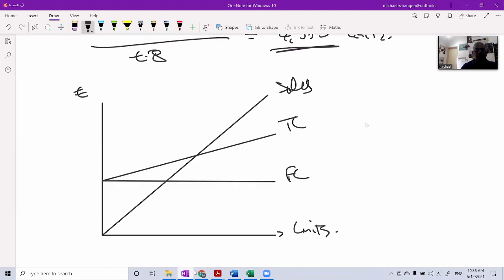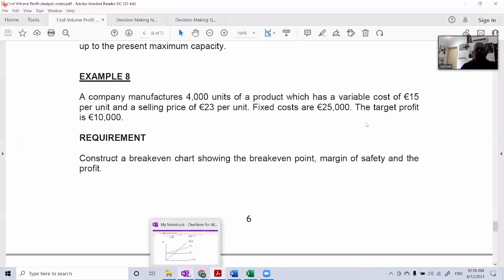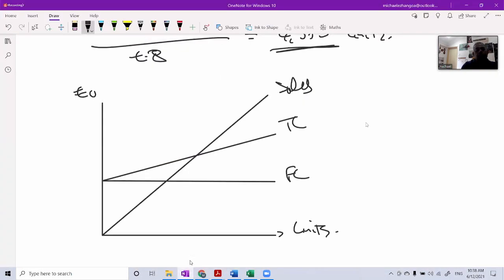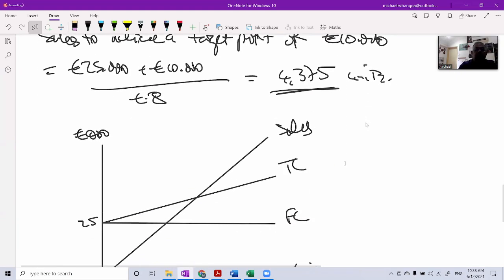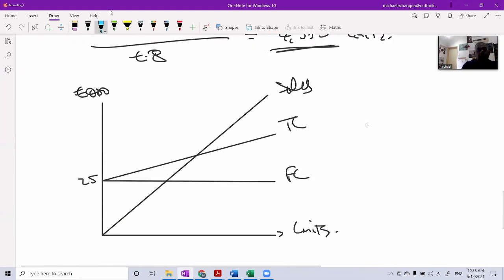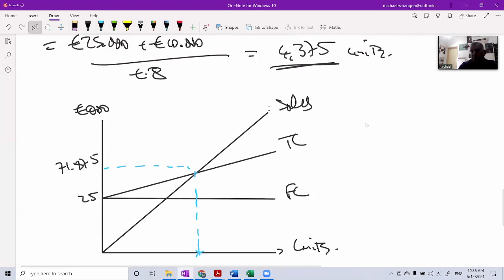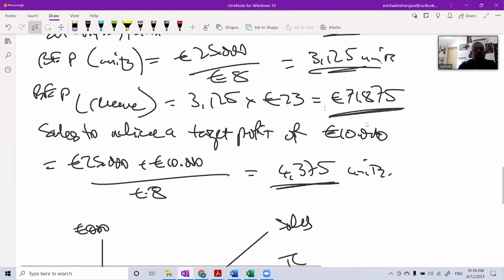Now fixed cost was 25,000. Break-even point revenue is 71,875. I'm not drawing it to scale, obviously, as you can see. Not important. You can do it to scale if you have graph paper. Units 3,125.